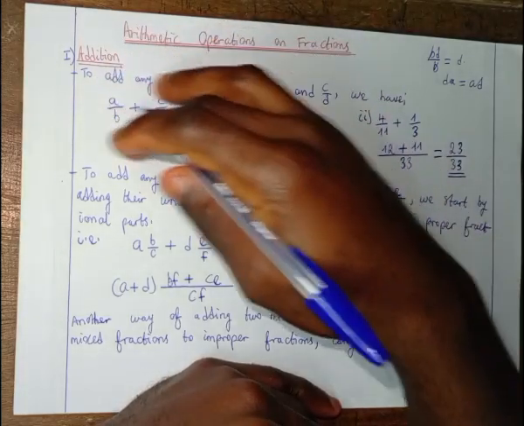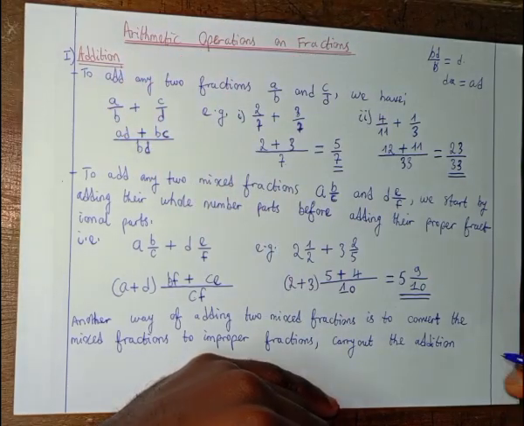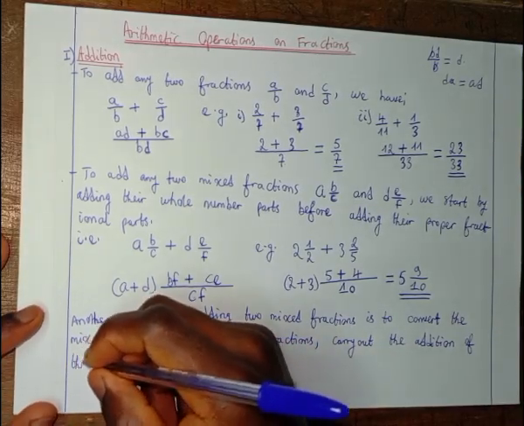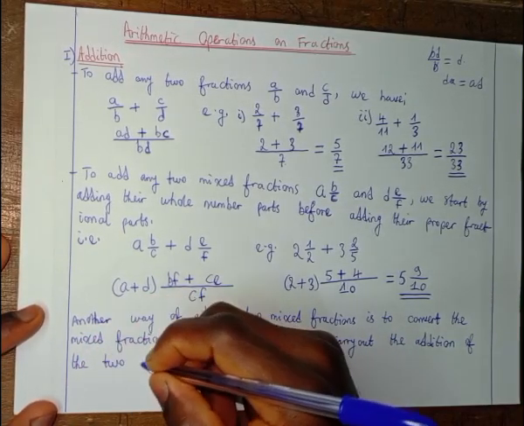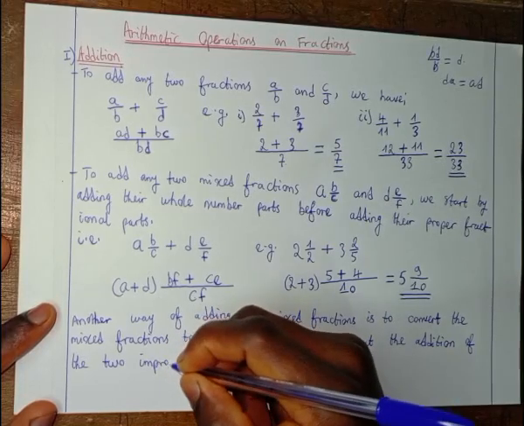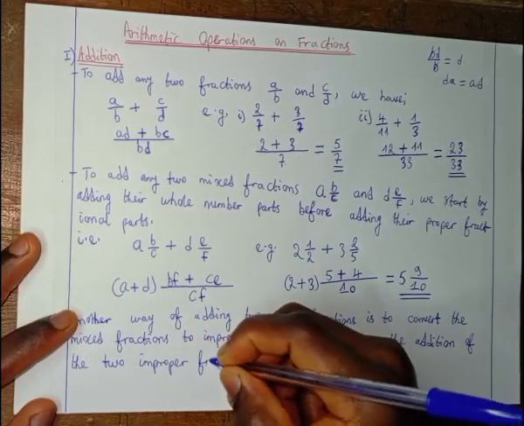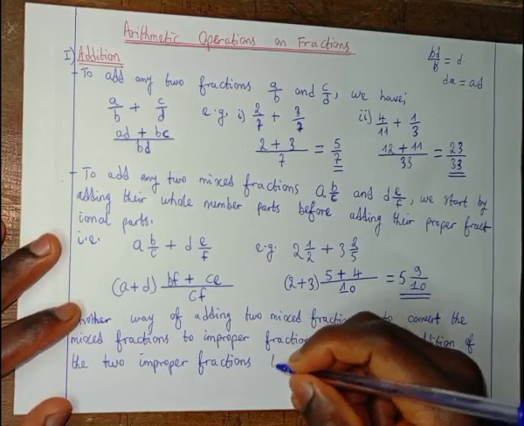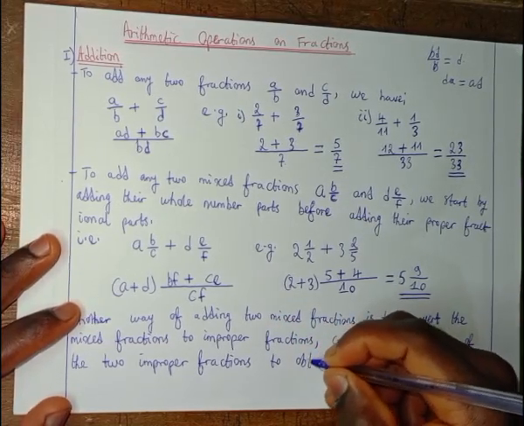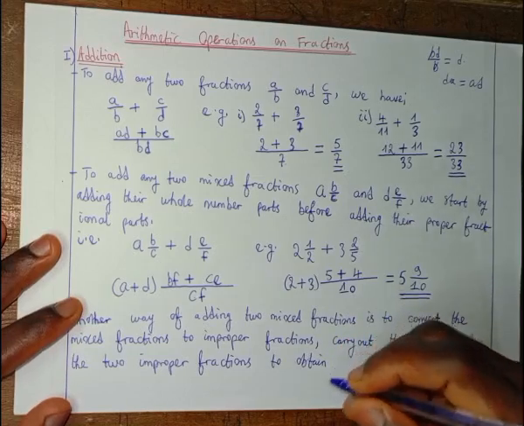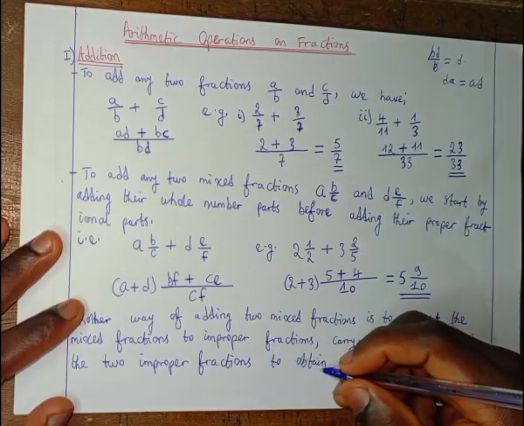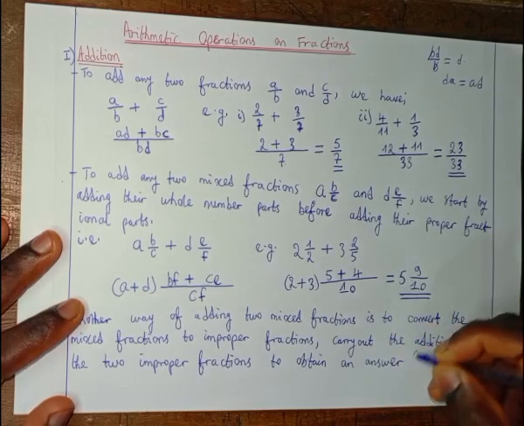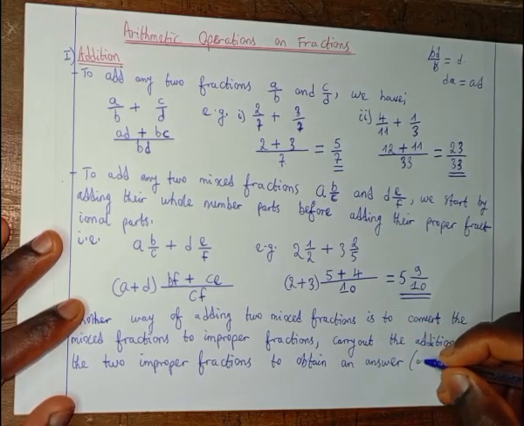You carry out the addition of the two improper fractions to obtain an answer. The answer you obtain will be an improper fraction.